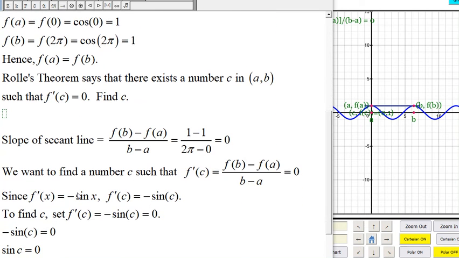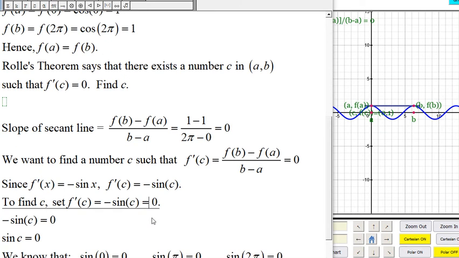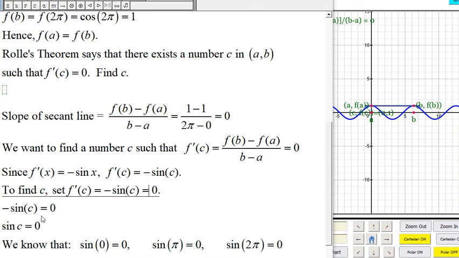To find the number c, we do the following. f prime of x is negative sine x, and so f prime of c is negative sine of c. Now we set negative sine of c equal to 0. Multiply both sides by negative 1, and we get sine of c equal to 0.